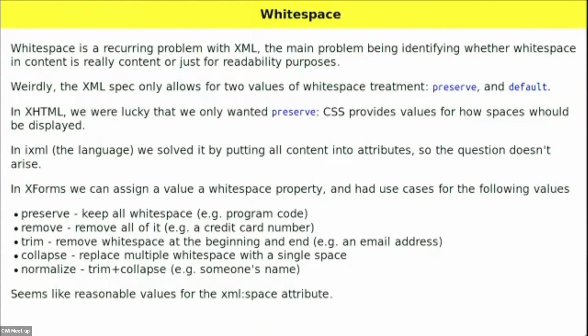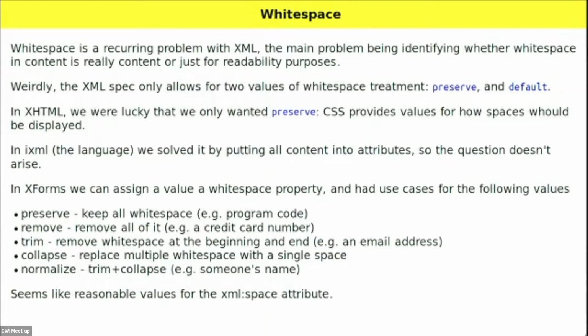So the question doesn't arise at all, because all the characters that we're interested in are in attributes. In other words, all white space is just decoration. In XForms, on the other hand, we did want more control over what you can do with white space in elements, and in attributes, as it happens. And we can assign a white space property to a value.